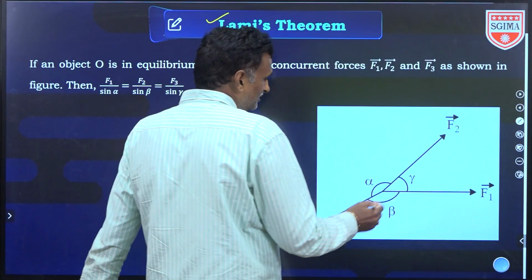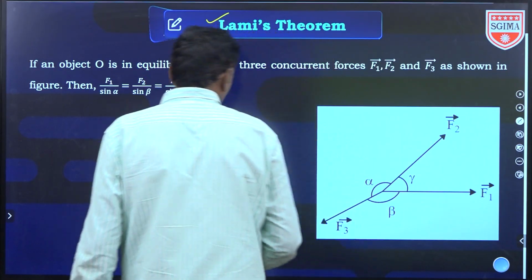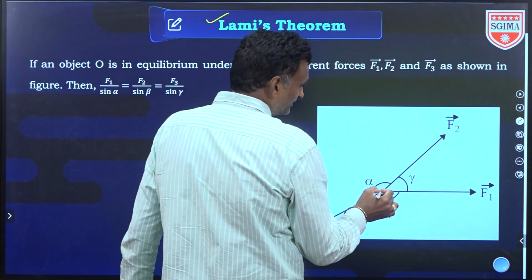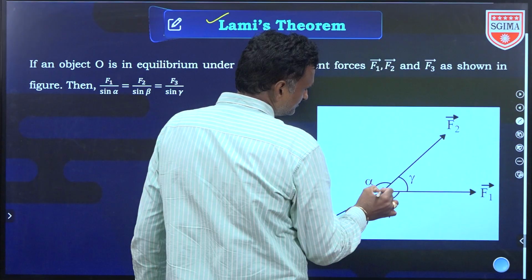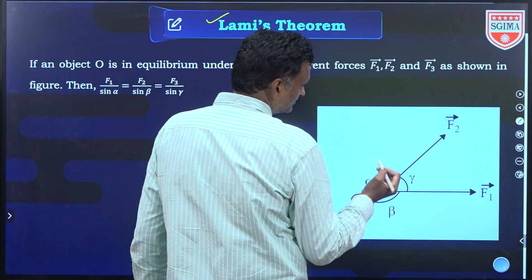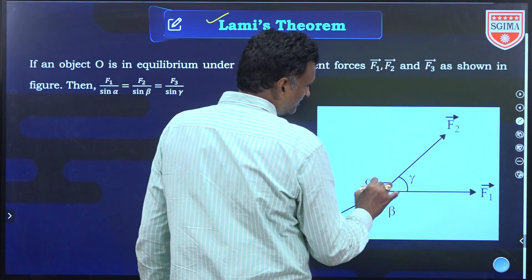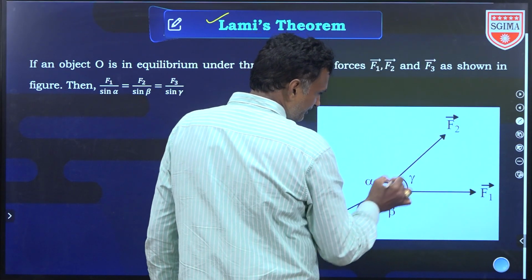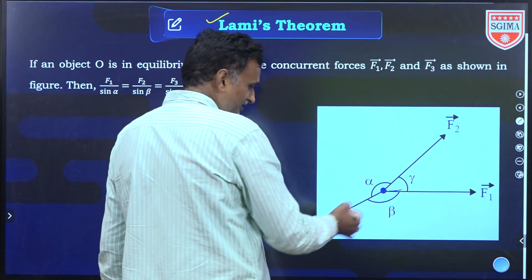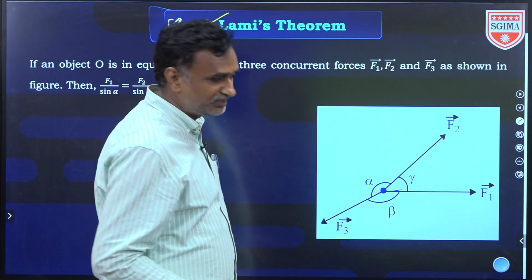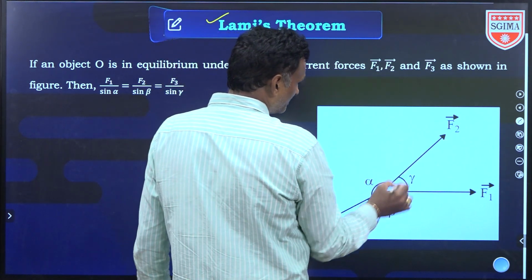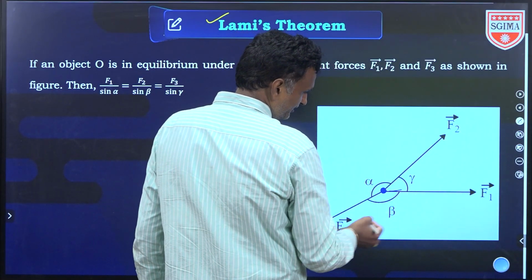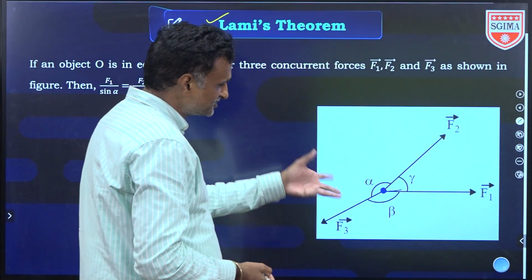Here it is one particle that you just consider, on which force F1 is acting to the right side and F2 acting at some angle, F3 acting at some different angle. The angle between F1 and F2 is gamma, F2 and F3 is alpha, F1 and F3 is beta. So this situation we got.